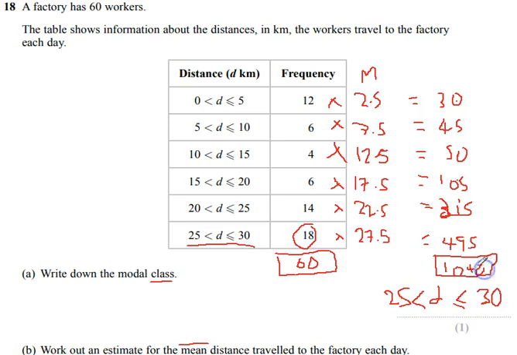And so our mean, x bar, if you like, is going to be 1040.